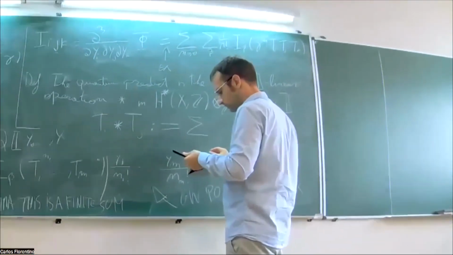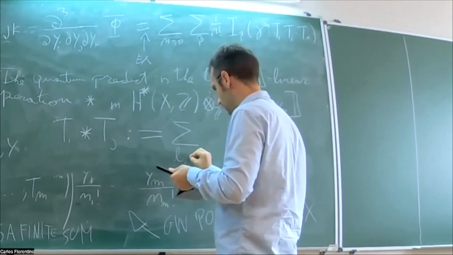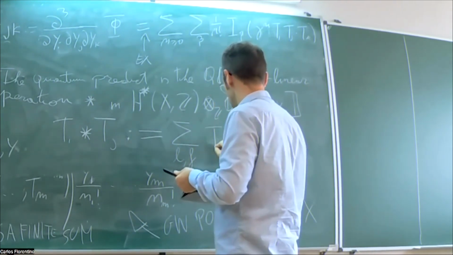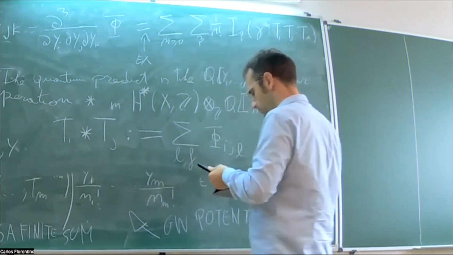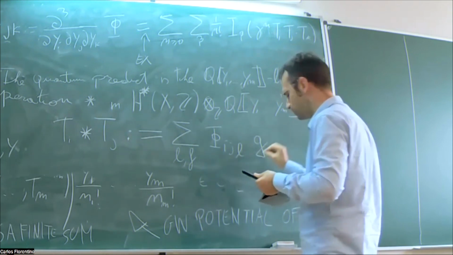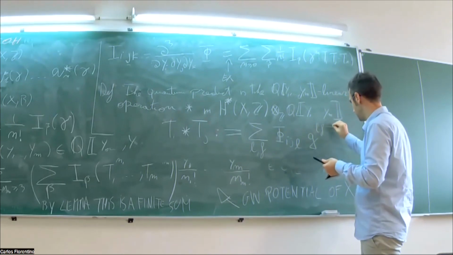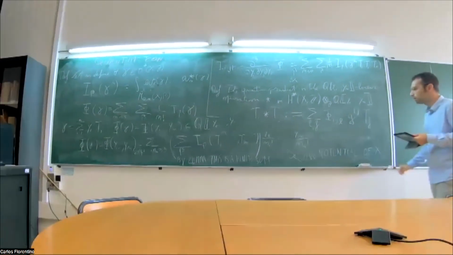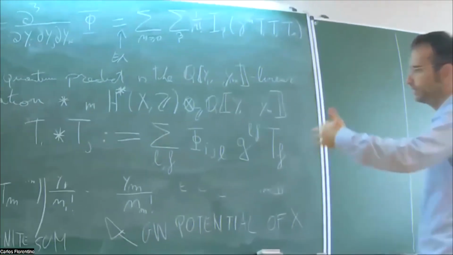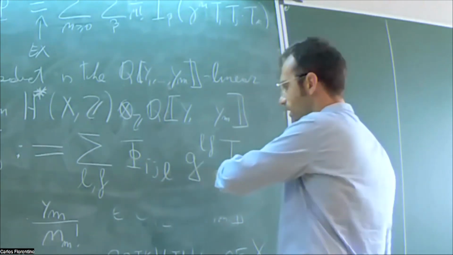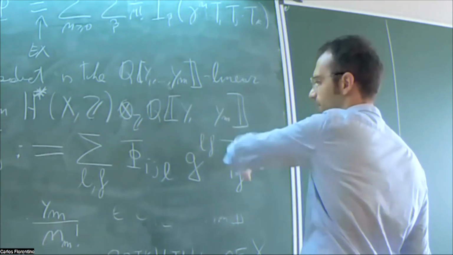the sum over l, f of the derivative of the potential with respect to e_i, e_j, e_l, times g, the matrix we defined before, l f, times T_f. So this is enough to define this operation because, as I said, it is Q-linear, Q[[epsilon, y]]-linear.